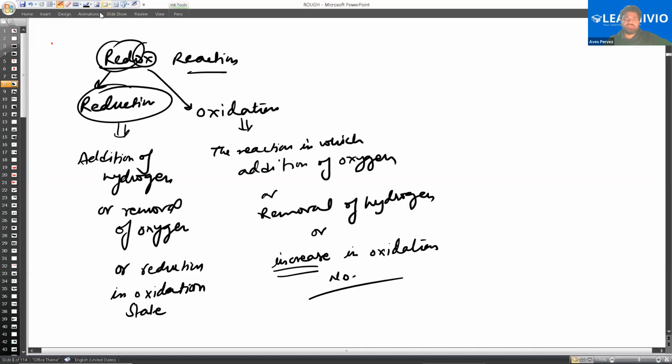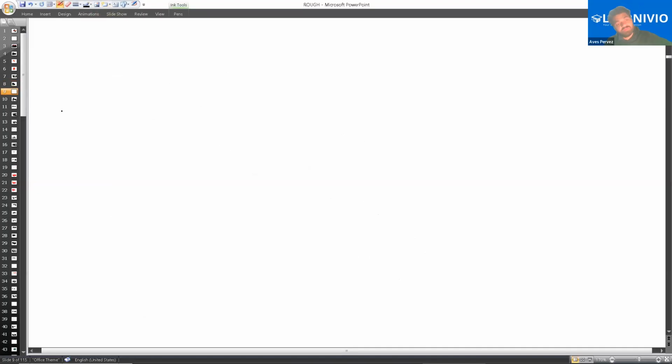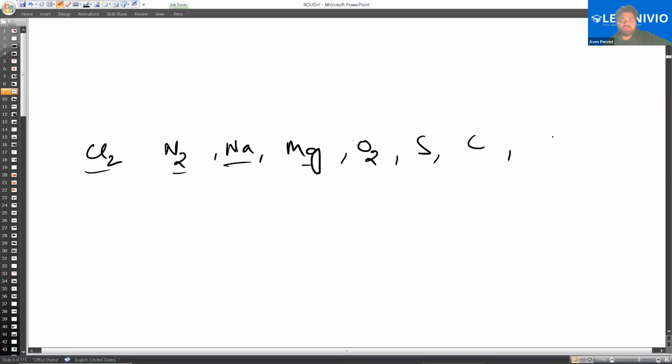Okay. So what is an oxidation state? If any element is written alone in an equation, like Cl2, N2, or Na, Mg in atomic form, or in molecular form like O2, S, or carbon, then it has zero oxidation state.